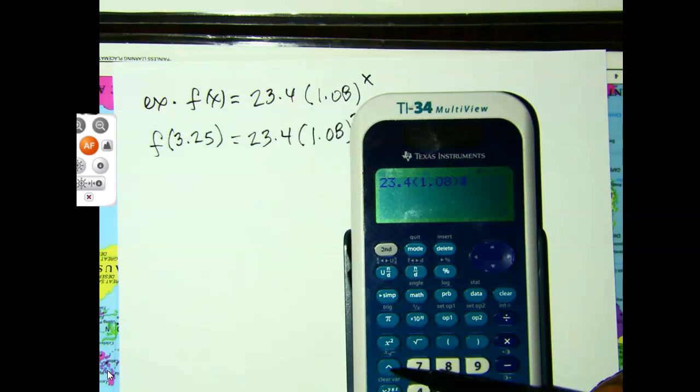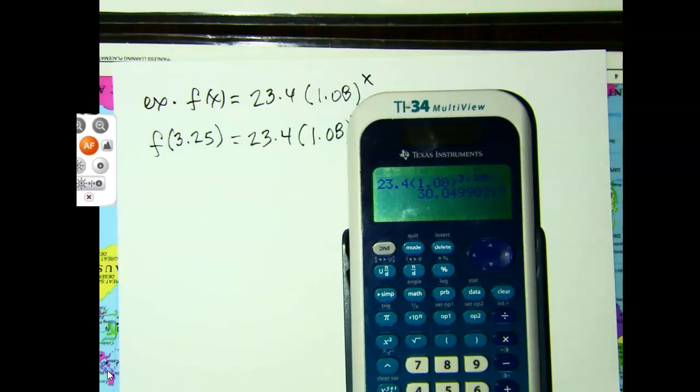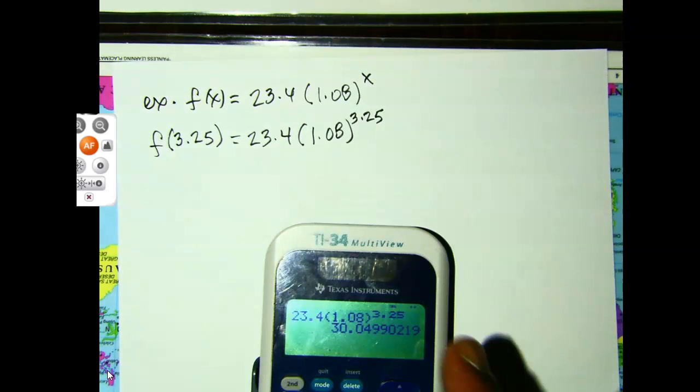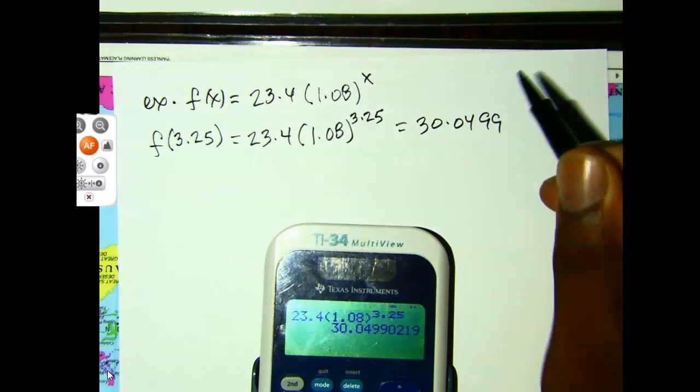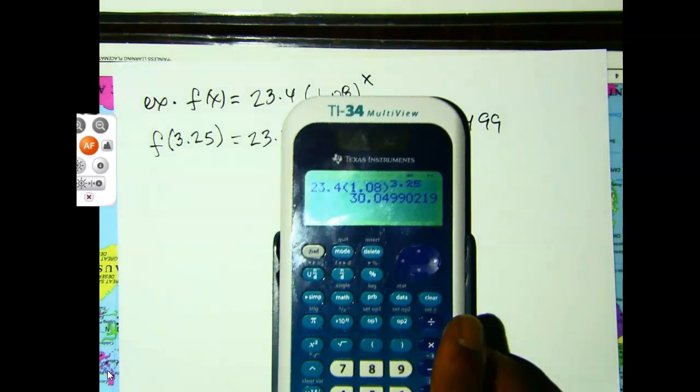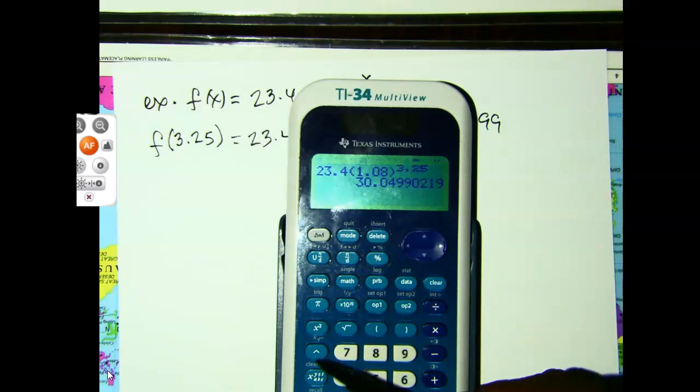So it's this button here, exponent, and then we're going to raise that to the 3.25, and enter. So that value is 30.0499. So the exponent button again is right there below the x squared button.